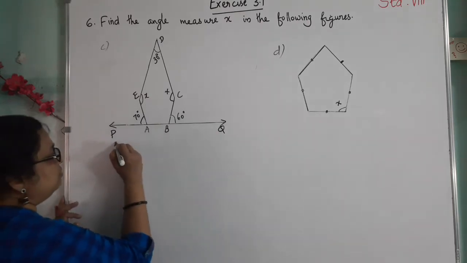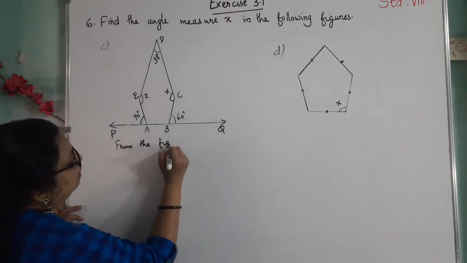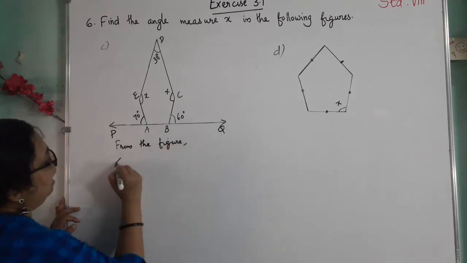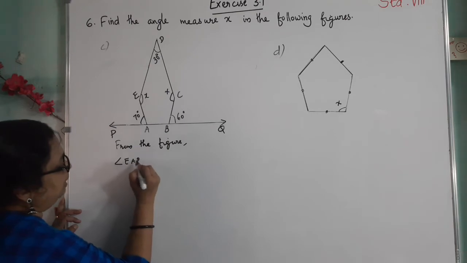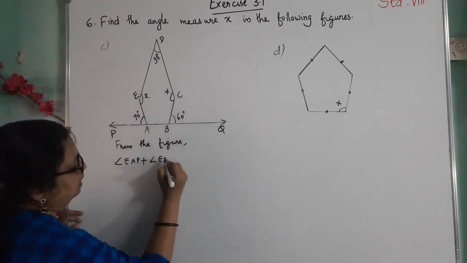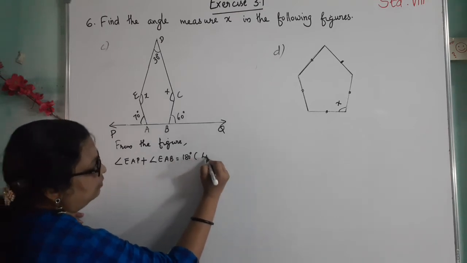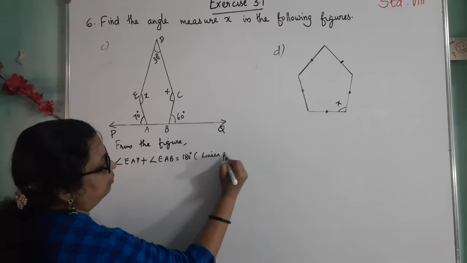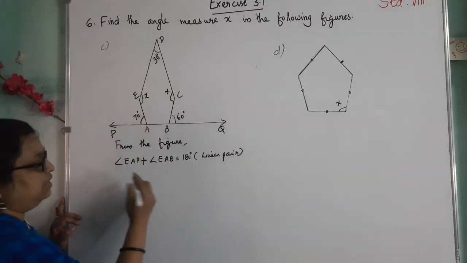So first we can write from the figure, angle EAP plus angle EAB equal to 180 degrees by linear pair. Then EAP is given 70 degrees.